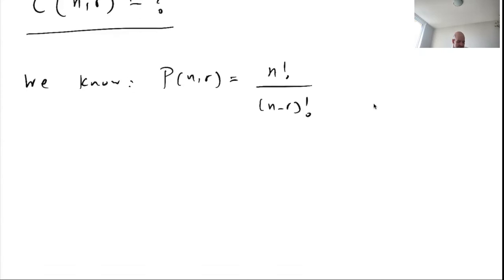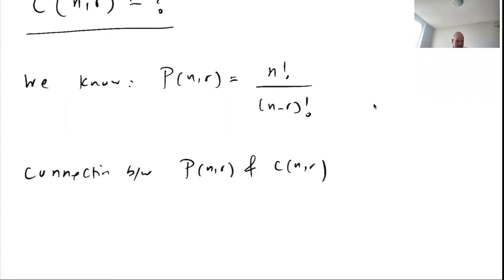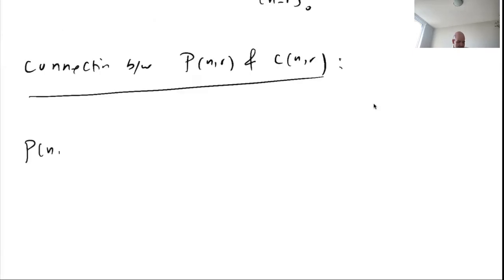Now, if I can find the connection between P(n,r) and C(n,r), then I'm done, because I already have a formula for P(n,r), so I can find a formula for C(n,r) then. P(n,r) means r-permutation, a permutation of a set with r elements chosen from a set with n elements.